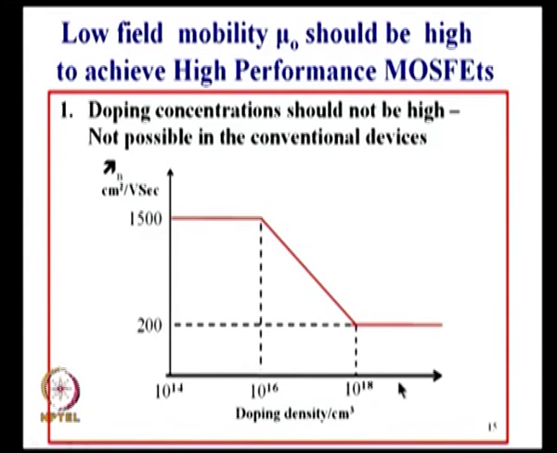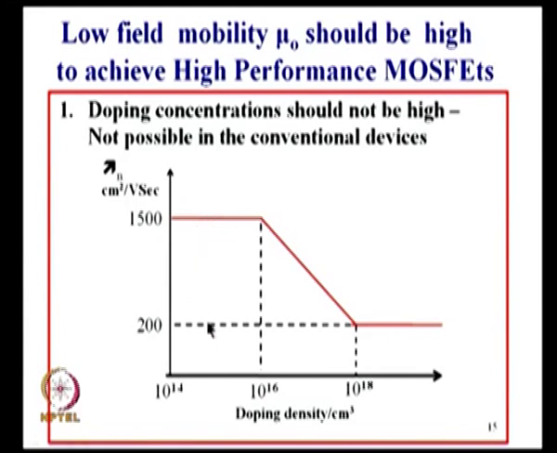In the conventional MOSFETs, you increase the doping to reduce the short channel effects, okay, and also reduce the oxide thickness to compensate for that.